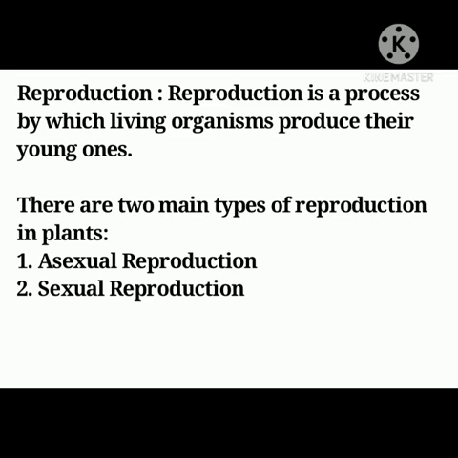So by the process of reproduction, a new individual is produced, and by this process, the continuity of life is maintained on the planet Earth. There are two main types of reproduction in plants. The first one is asexual reproduction and the second one is sexual reproduction.